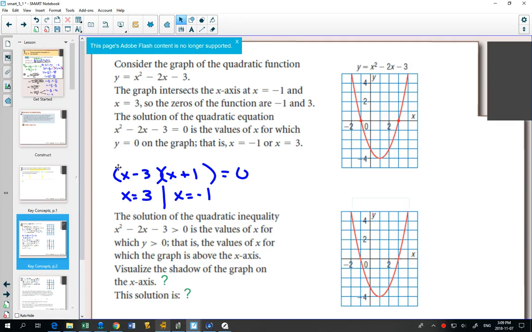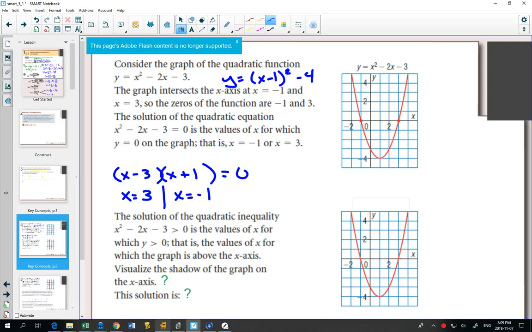If you graphed y equals x squared minus 2x minus 3, you could change it to vertex form by completing the square. I'm just going to do it quickly for you. If you completed the square and changed it to vertex form, you would get y equals x minus 1 squared minus 4.